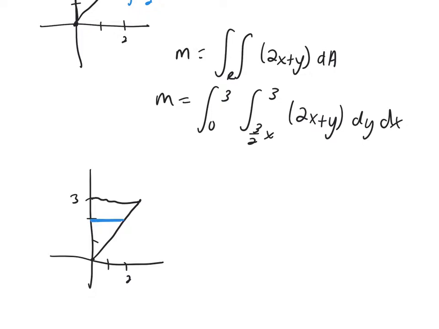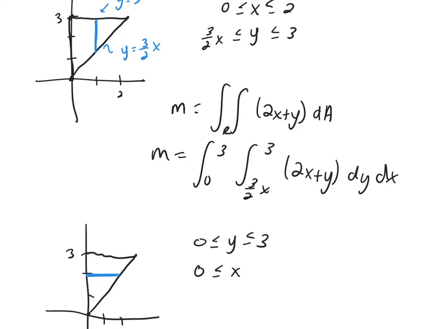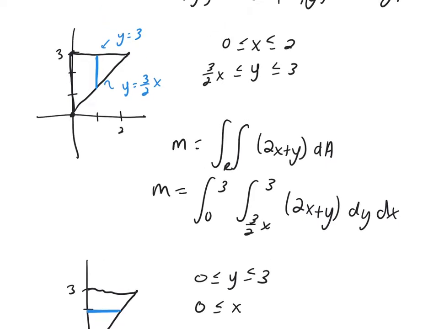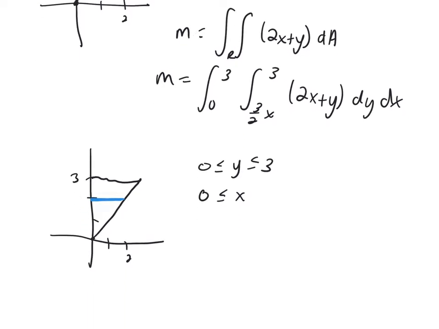So now y is between 0 and 3, and x is between 0 and, if you solve our previous equation for x, you'll get x equals 2/3 y.